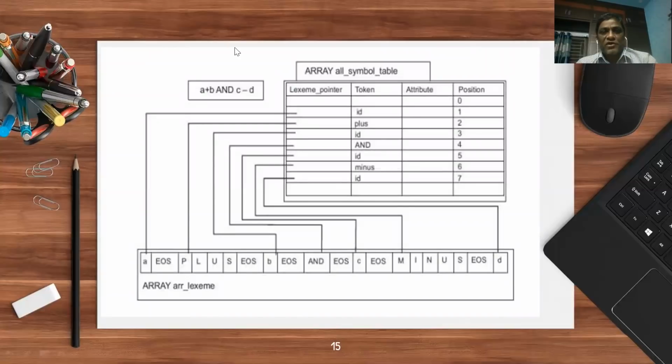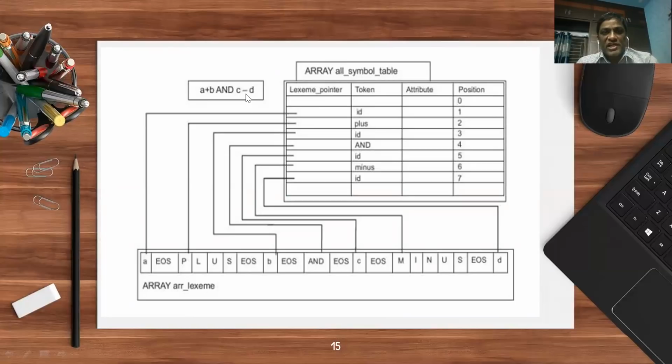For example, suppose the statement a plus b and c minus d is given to the lexical analyzer. Then it identifies all the lexemes. This is the entire array showing the entire expression.